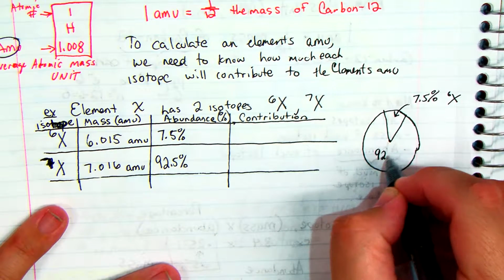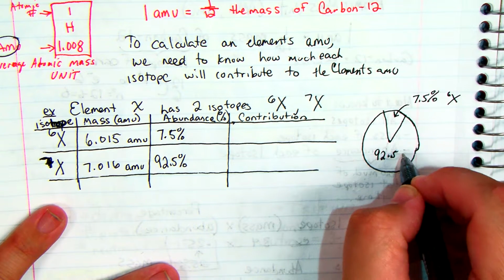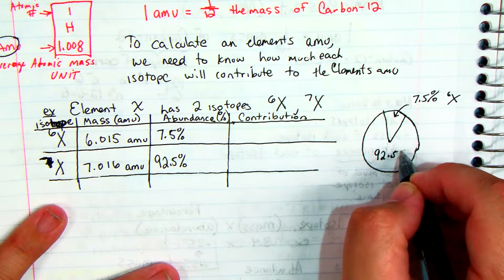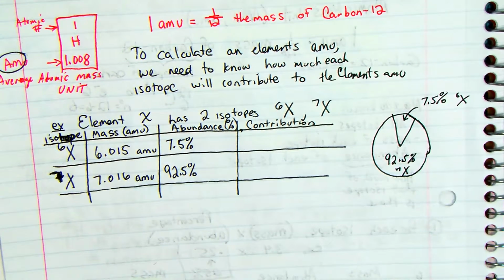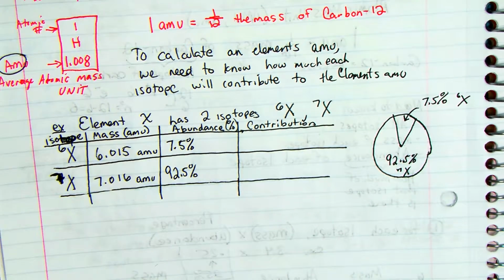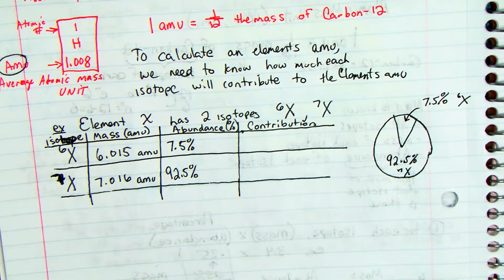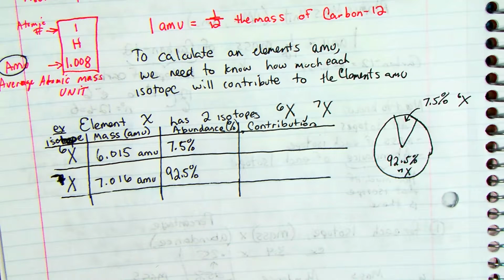It's not drawn exactly to scale. And that's for isotope X7. Now, creating the table, I think, is a lot easier than just using the formula.